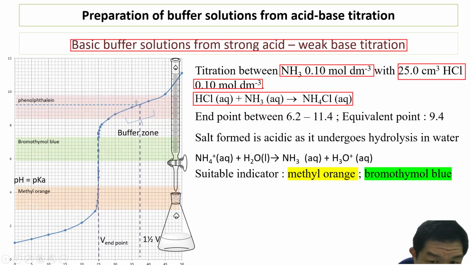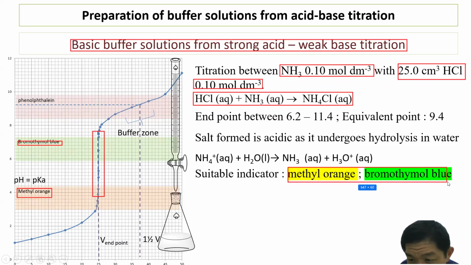The endpoint is located somewhere in between here. Because bromo blue and methyl orange intercept the effective pH range, methyl orange and bromo blue are suitable to be used as the indicators here.